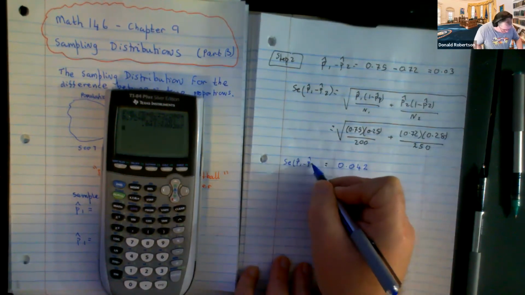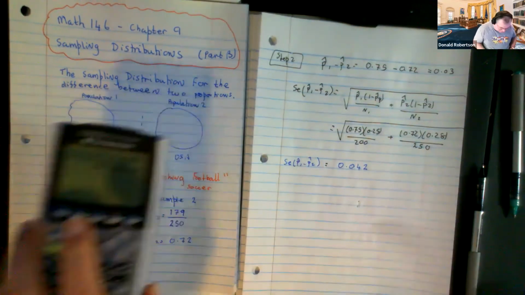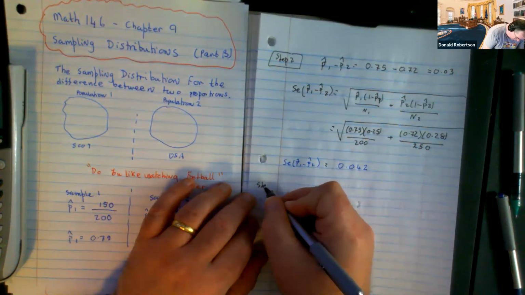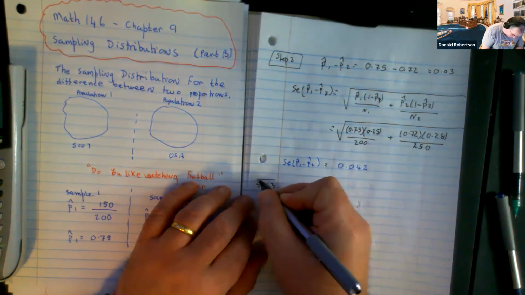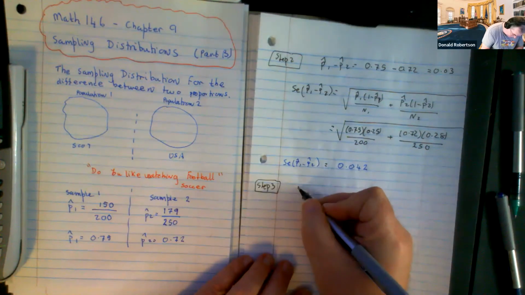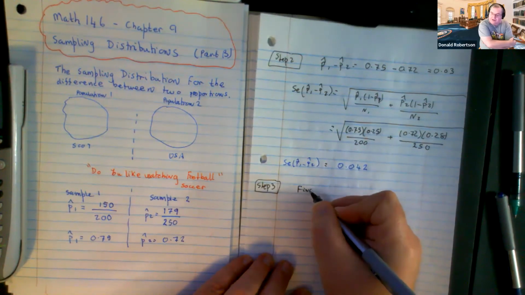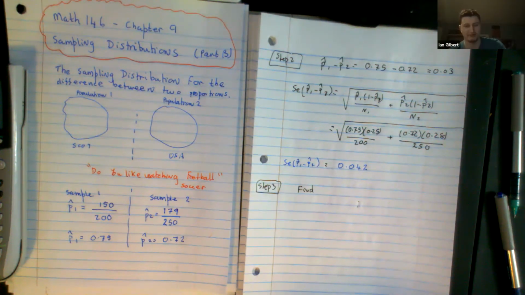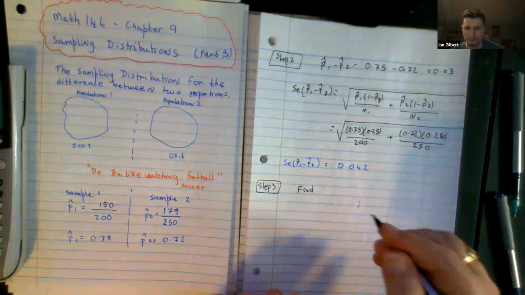And we're now going to find one of the 3 confidence intervals. Which one do you want me to get? A 90, a 95, or a 99? Any particular preference? Try 90 first. Okay, let's try 90%.